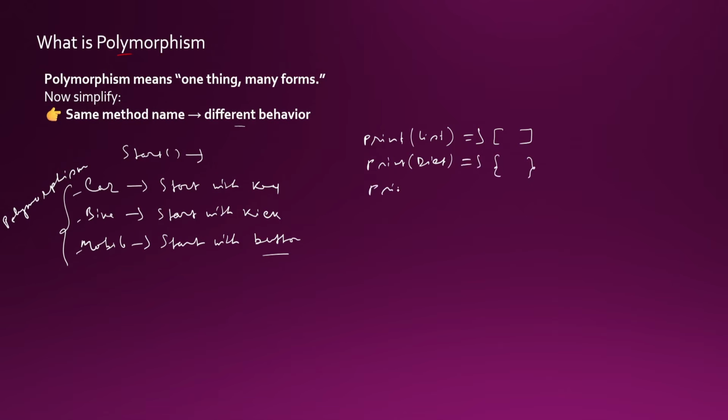And when I try to print a tuple, it will give me output like this. That means in each case my function, that is the method, is the same, that is print, but it works differently with different data types. Whenever my method is the same but works differently with different objects, that is called polymorphism.